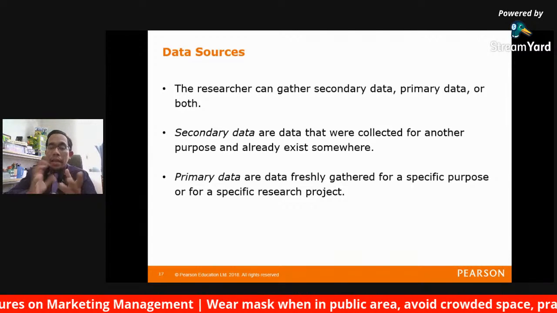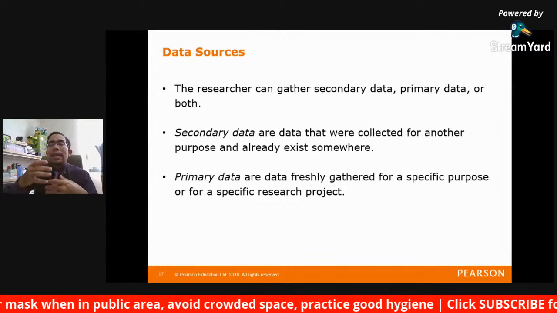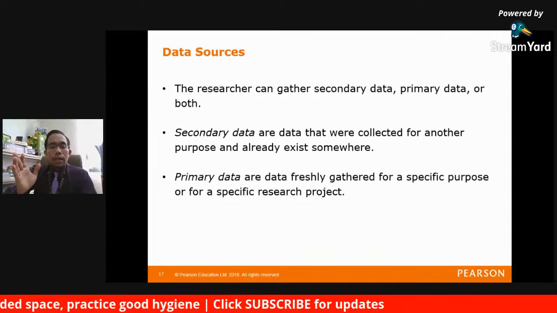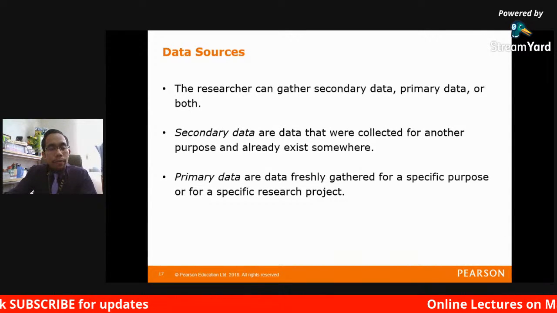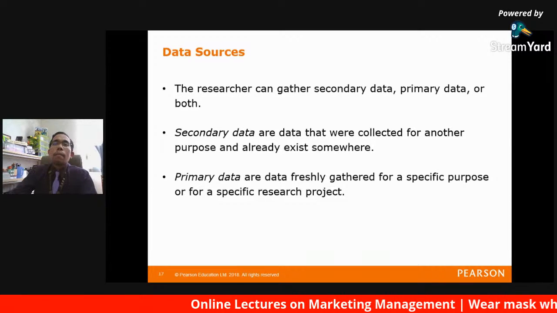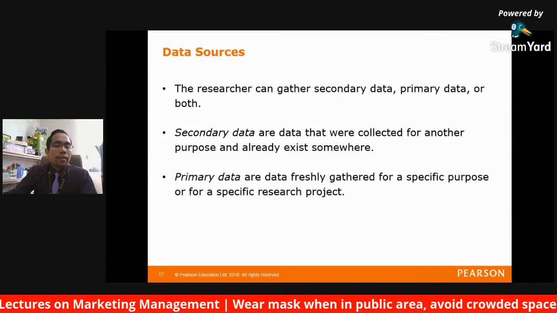Secondary data is usually something related but not directly applied to your situation. It might help you to get understanding, but it's not helping you 100%.